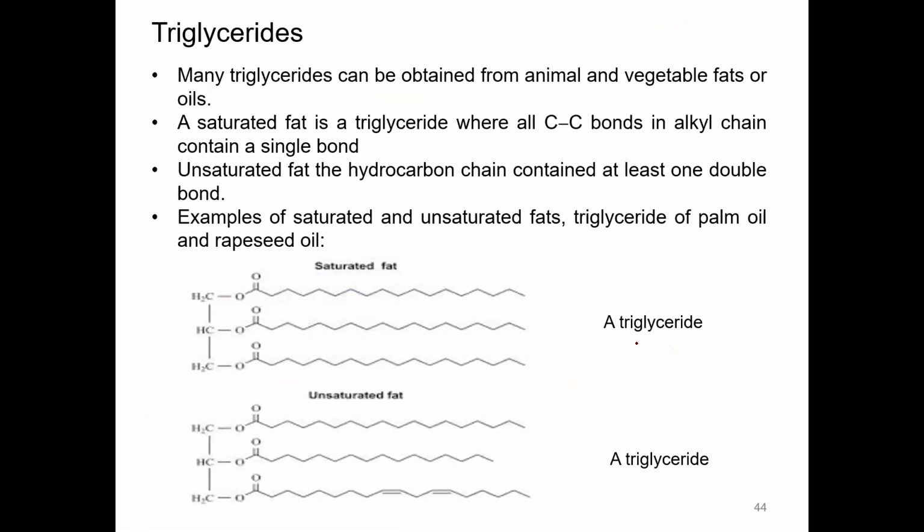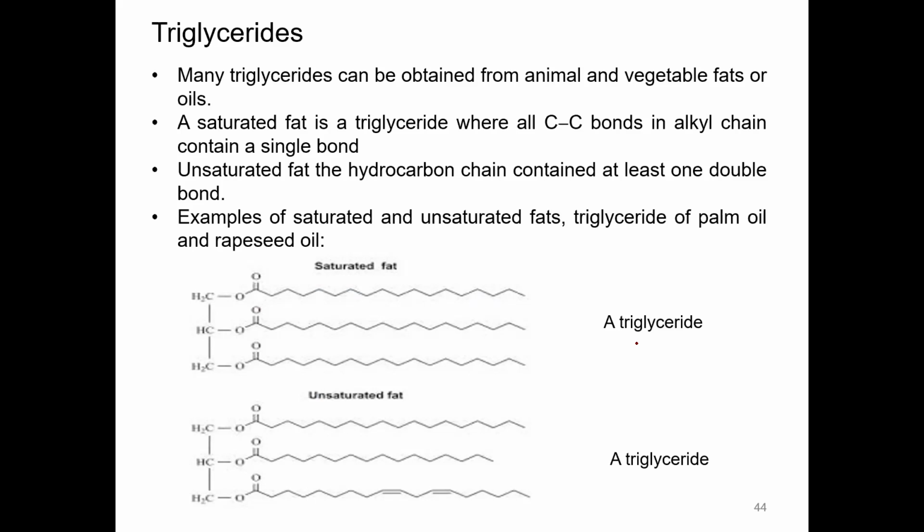So many triglycerides can be obtained from animal and vegetable fats or oils. Saturated fat is a triglyceride where all C bonds in the alkyl chain contain a single bond. And in unsaturated fat, the hydrocarbon chain contains at least one double bond. When we talk about fat, what differentiates saturated fat and unsaturated fat is basically the carbon double bond and carbon single bond.